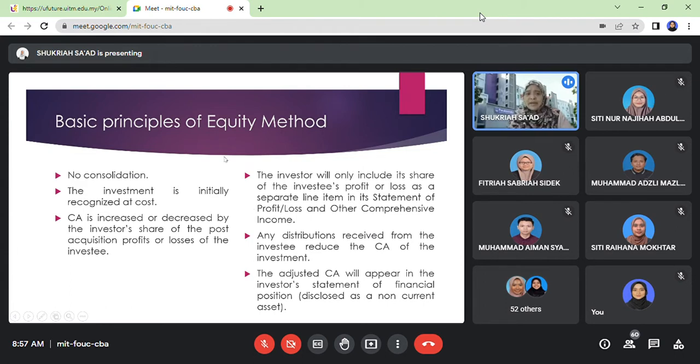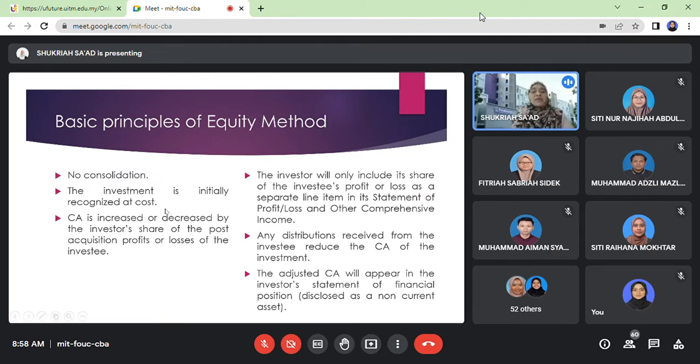for FAR620? Even though there will be no consolidation with regard to the joint venture or associate, the investment still needs to be reported. So the investment in associate or investment in joint venture will be reported on a cost basis.